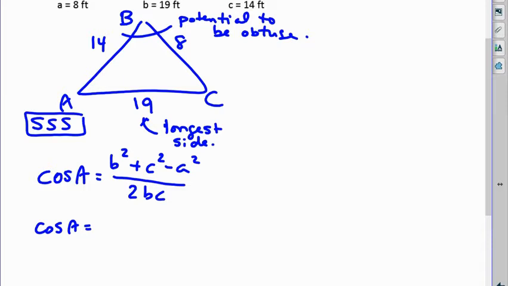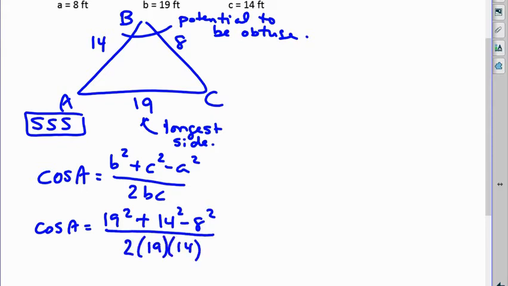Angle A, let's see here, side B, 19. Side C, 14, minus 8 squared. That was a close one. Over 2, 19, 14. When I punch that in, I get 0.92669.